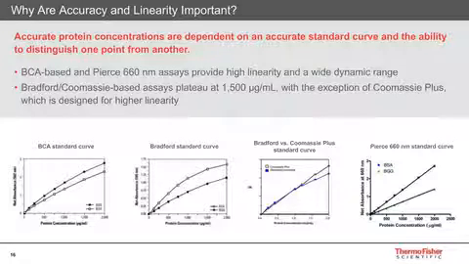However, when you look at the Bradford standard curve, we see that it has a much narrower dynamic range. Now, if your absorbance is anywhere between 1500 microgram per mil and 2000 microgram per mil, you are not going to know the absolute exact concentration of your sample because the curve is already saturated.